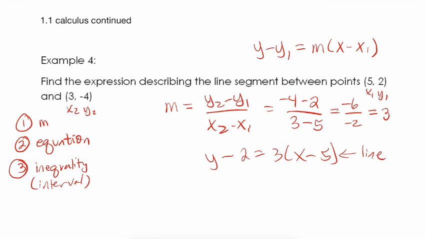If we look at our points, which is our x value that's the smallest? 3. Which is our x value that's the largest? 5. So all we can say to make it a line segment, with that little extra third thing I was talking about, is that our x starts at 3, stops at 5. So you restrict the domain of the line, so it starts at the lowest, 3, and stops at the highest, 5.